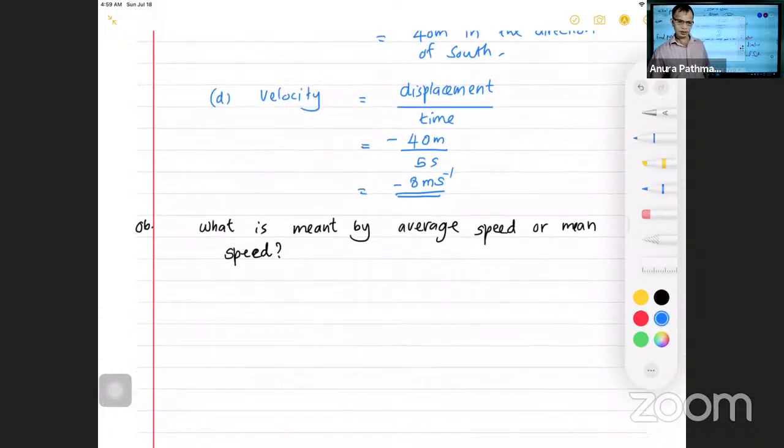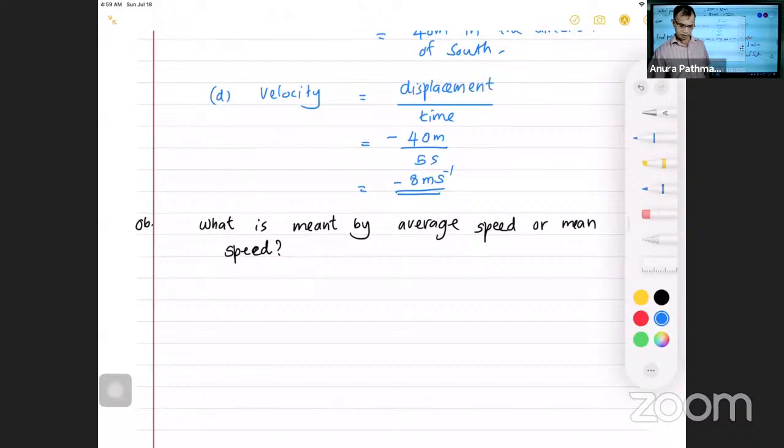The answer is the total distance. What is mean speed?